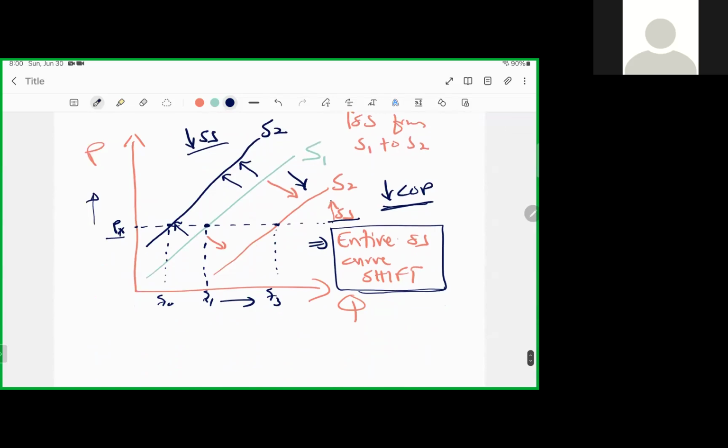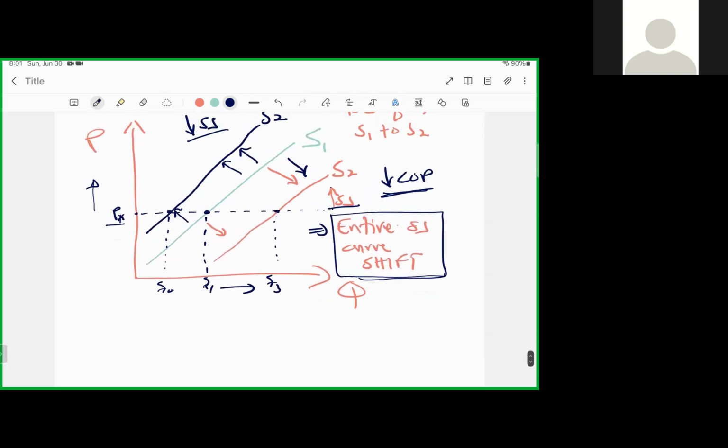Which means that a key difference between a change in quantity supplied and changes in supply is that the change in quantity supplied is entirely caused by changes in the price of the good. Changes in supply are driven by a change in any other factor affecting supply, apart from price.